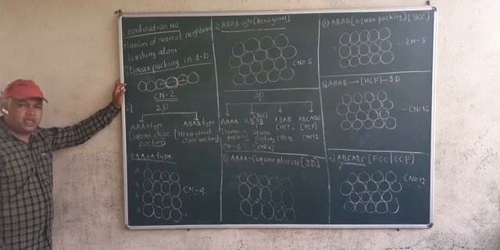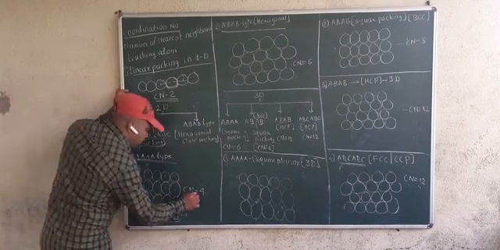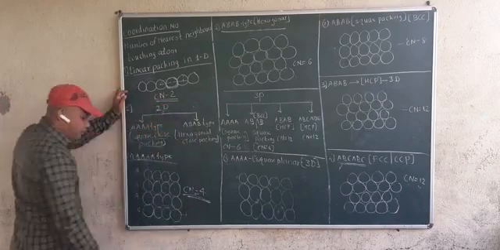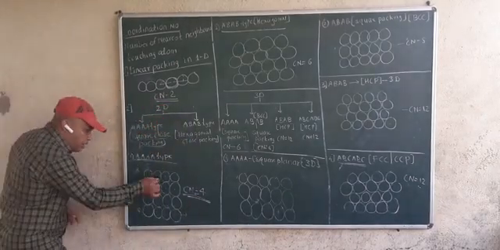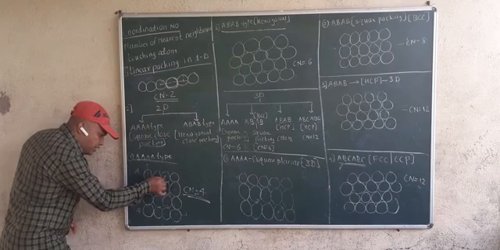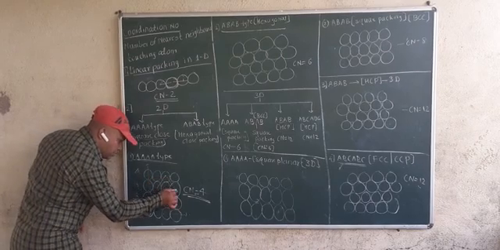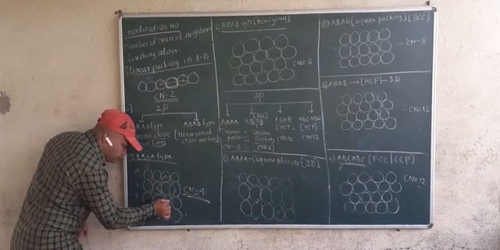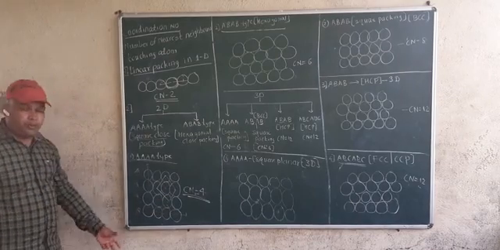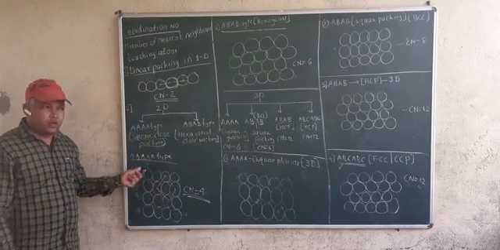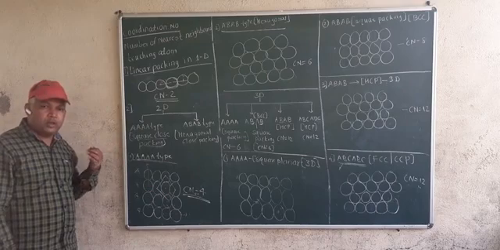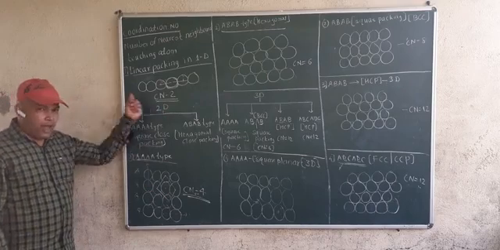Each circle is touching 4 other circles. Hence coordination number is 4. And if I join the points of these 4 circles, I will get a square. So it is called square close packing in two-dimensional.